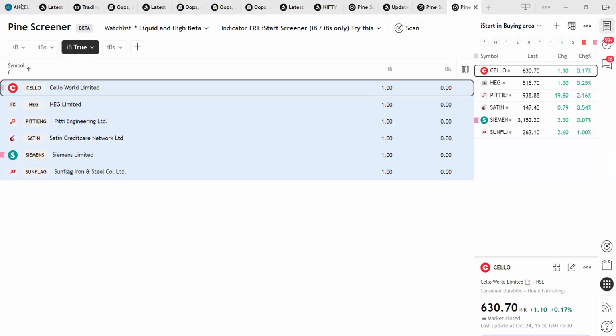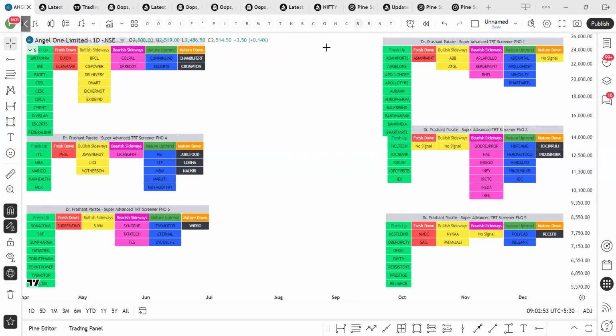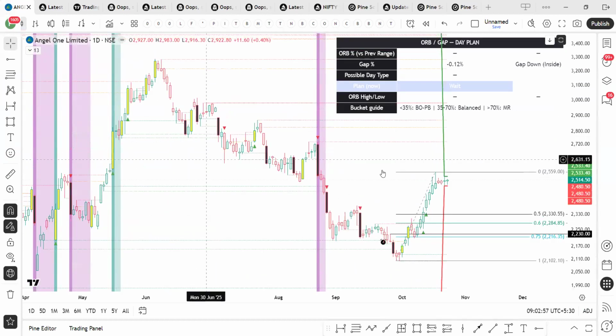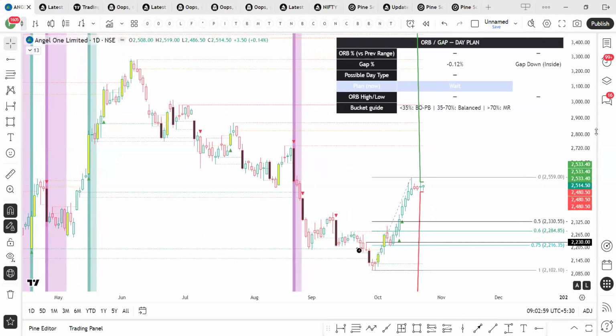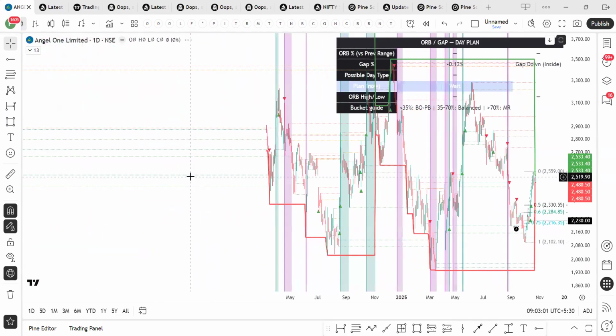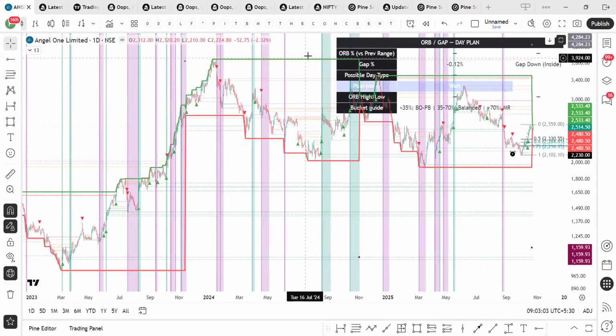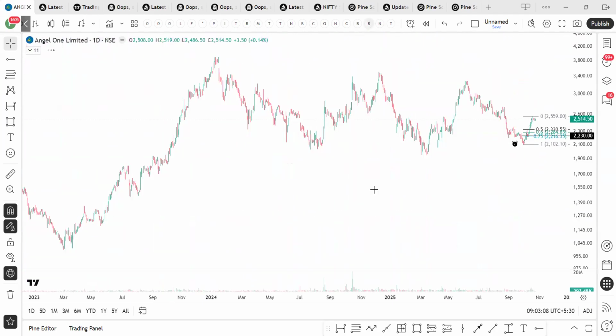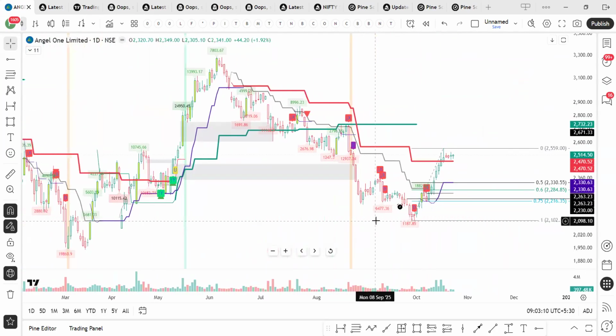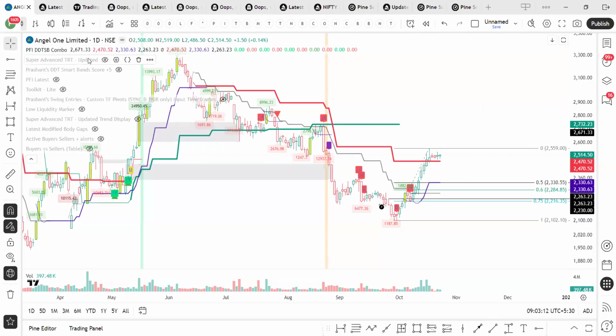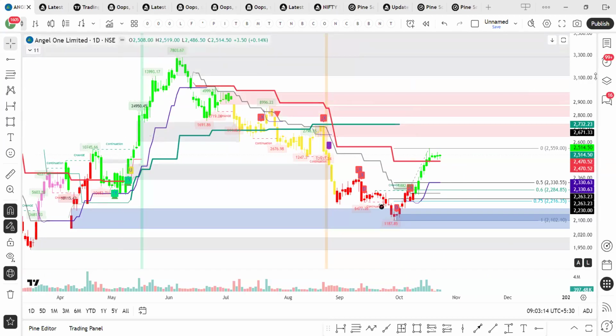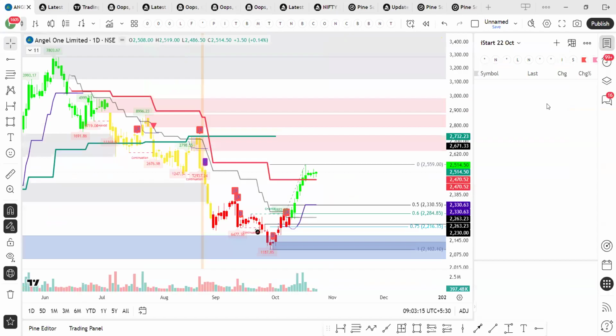save this, and I can go to that, open my template. This is a template which I can open the watch list from here.